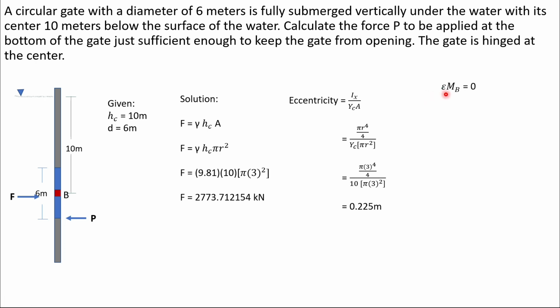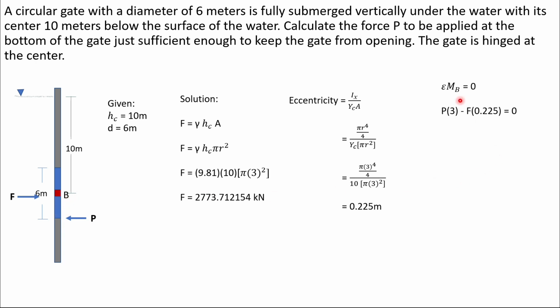And now we have a formula: summation of moments at point B is equal to 0. And we will assume forces going to clockwise direction as positive. So we have positive P here times the distance from point B to P, which is B is at the middle or at the center of the gate and P is at the bottom.